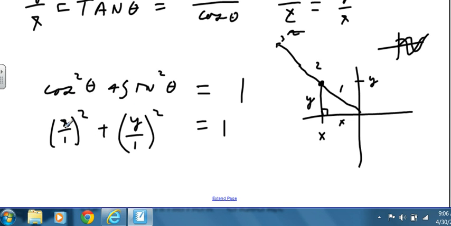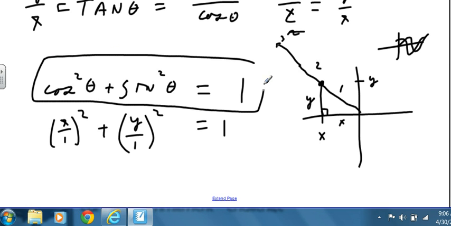Well, this is the Pythagorean theorem. X squared plus y squared is 1 squared. I don't say squared on the 1, I just leave it off because 1 squared and 1 is the same thing. So that's why cosine squared plus sine squared is always 1. There's nothing I can do about it.